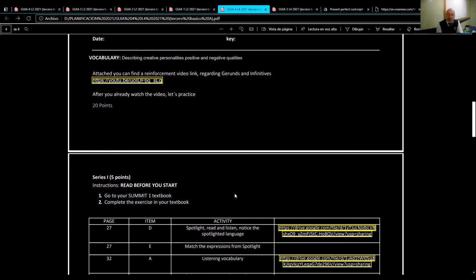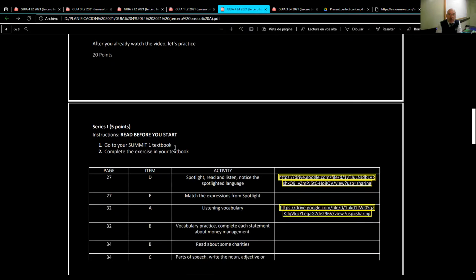So we use these terms to speak about different gerunds and infinitives for a future perfect sentence. Thank you very much, and I hope you have understood this.